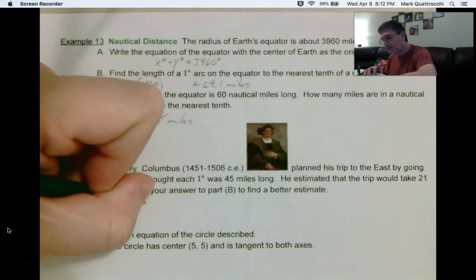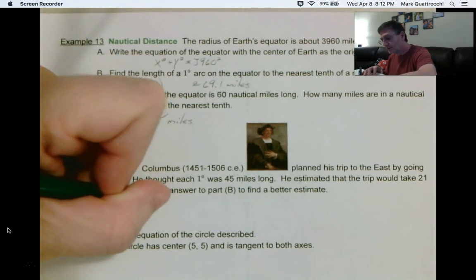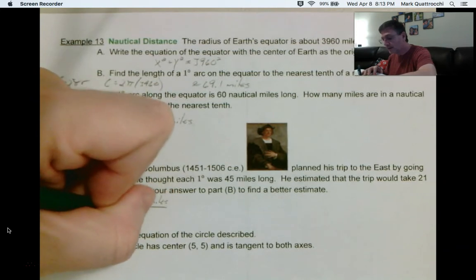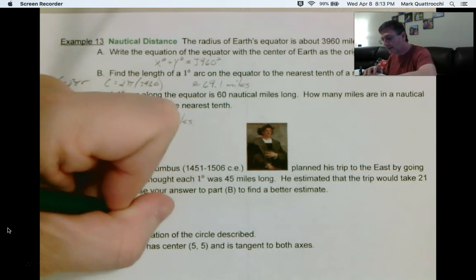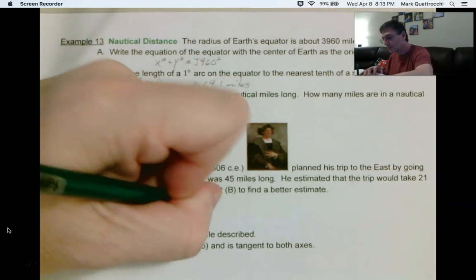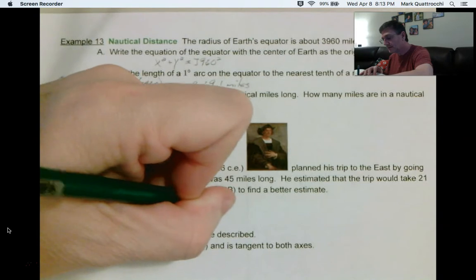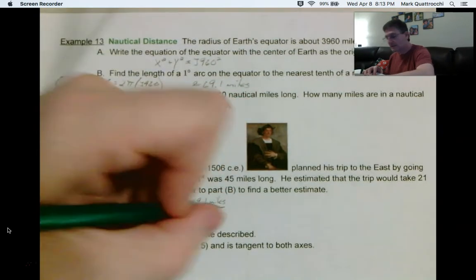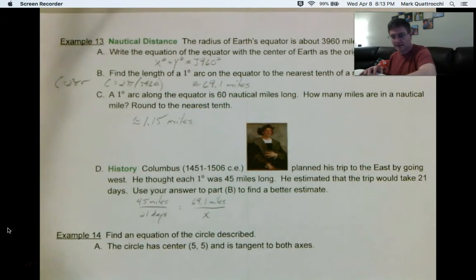If 45 miles is about 21 days, then 69.1 miles is approximately x days.